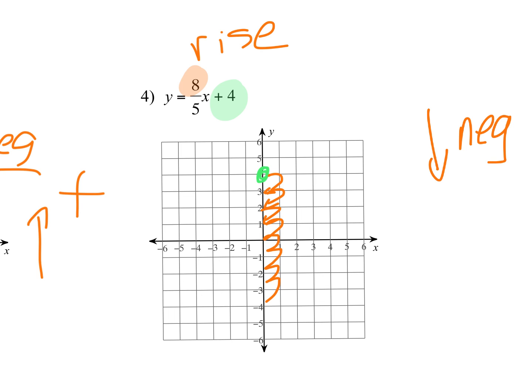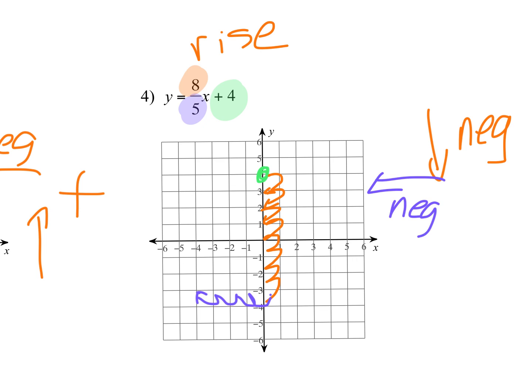What makes a positive? 2 negatives, yes. So instead of going to the right, I'm going to go to the left, because if I go down and then I go to the left 5, those 2 negatives are going to give me the positive slope that I want. So 1, 2, 3, and 4.